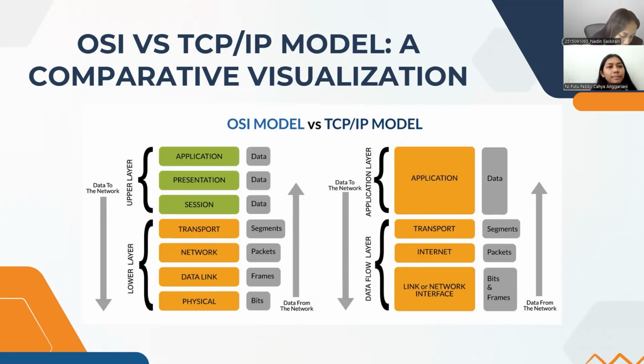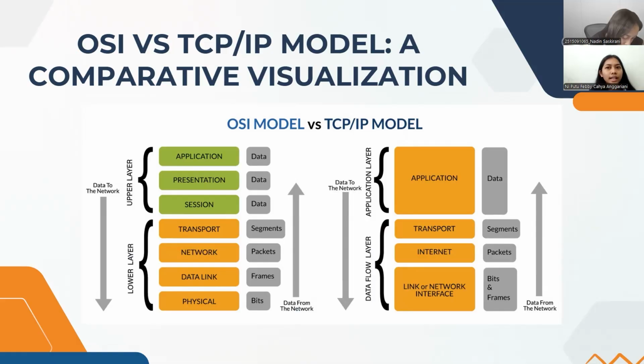However, in the TCP/IP model, these three layers are combined into the application layer, because in real network systems, their functions are usually handled directly by the application, so separating them is not necessary.